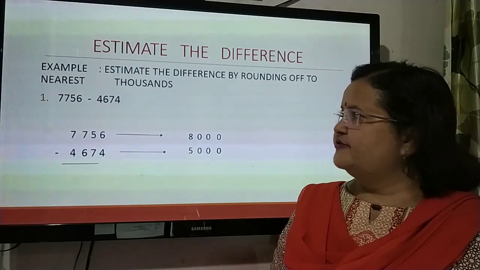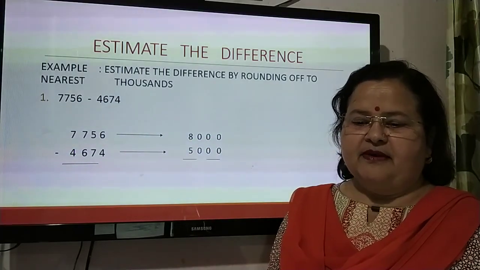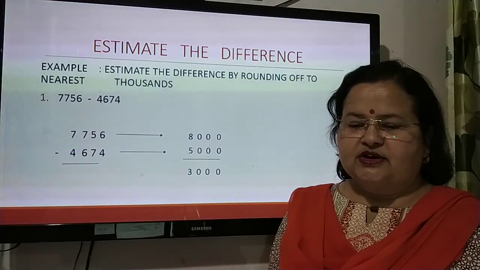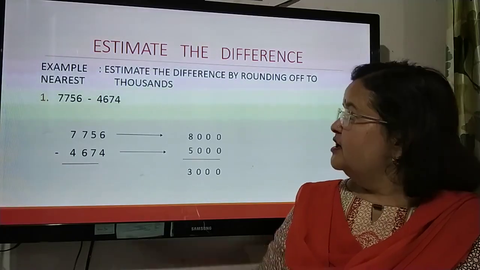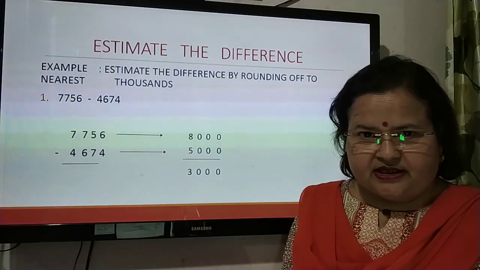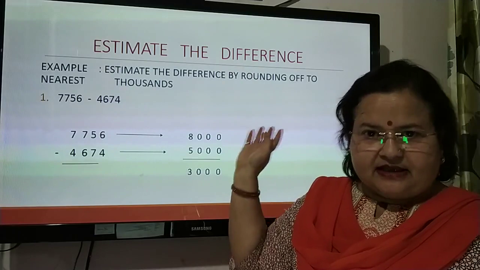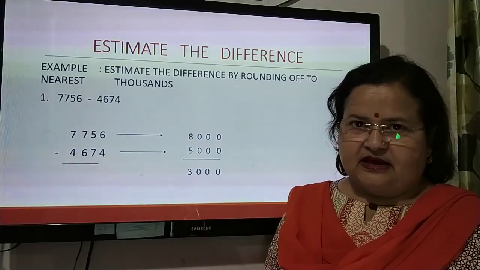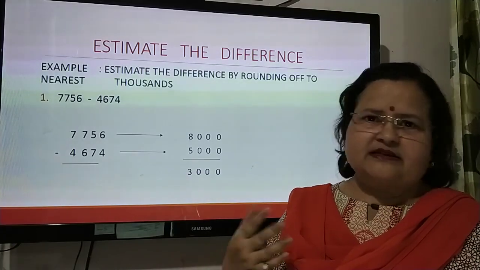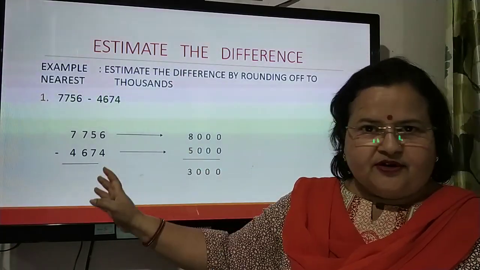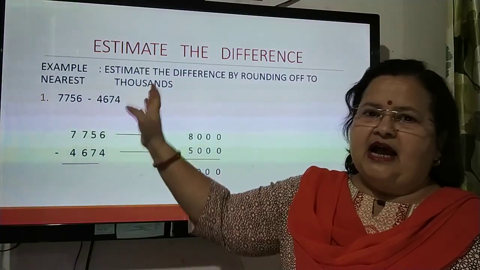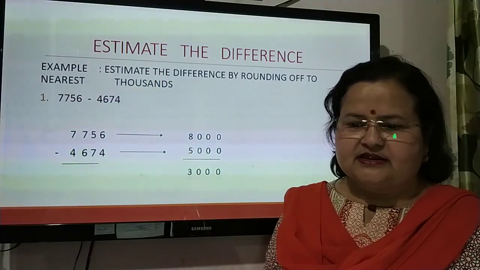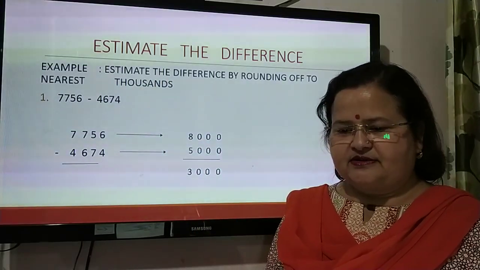And when you find the difference, 8000 minus 5000 is going to give you 3000. So this is how we estimate the sum and how we estimate the difference. Whether it's thousands place, 10,000s place, lakhs place, the rules of rounding off will be applied, and we will find out the estimated sum or the difference.